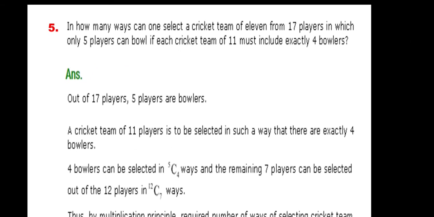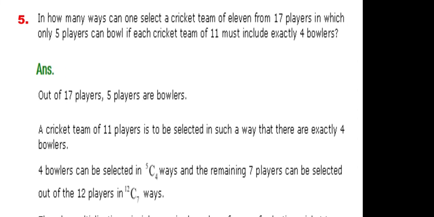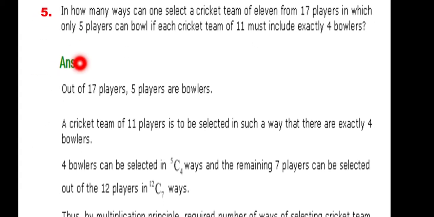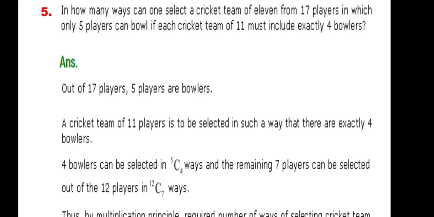The next question is, in how many ways can one select a cricket team of 11 from 17 players in which only 5 players can bowl, if each cricket team of 11 players includes exactly 4 bowlers?